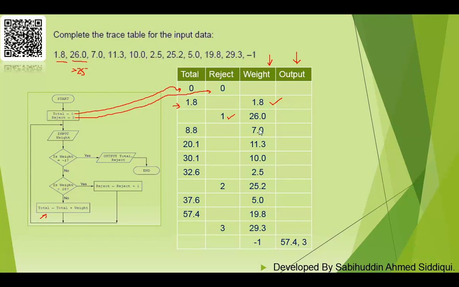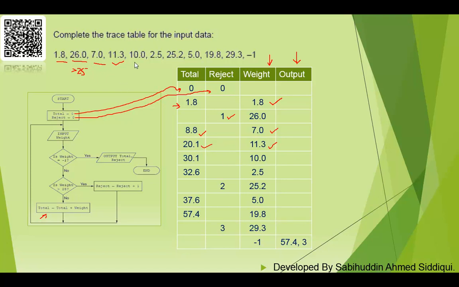Now you can verify this: the weight was 7 kilograms, when added to 1.8 this becomes 8.8, and this is the value you store here. Then the next value is 11.3, this is done, and when added to 8.8 this becomes 20.1, right?